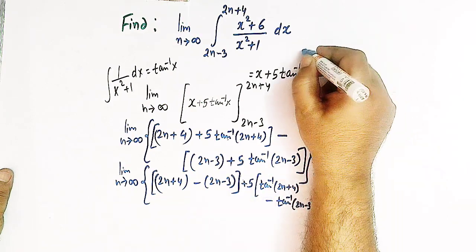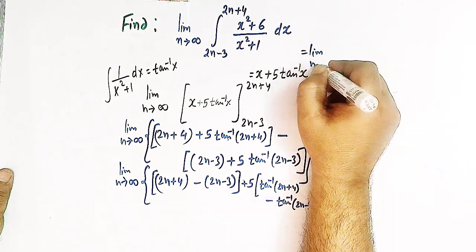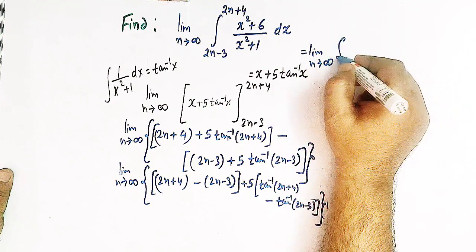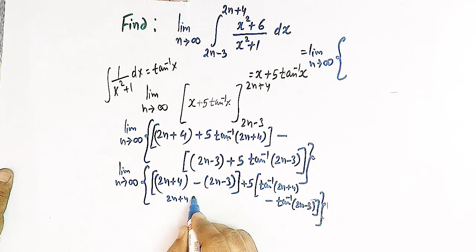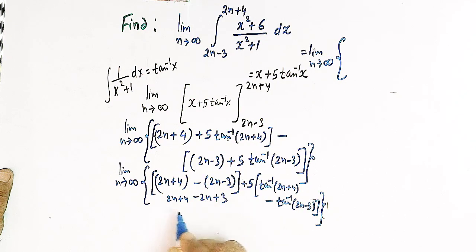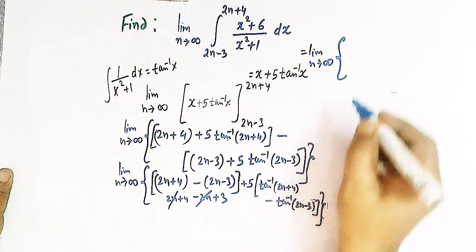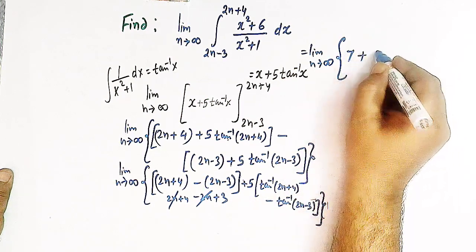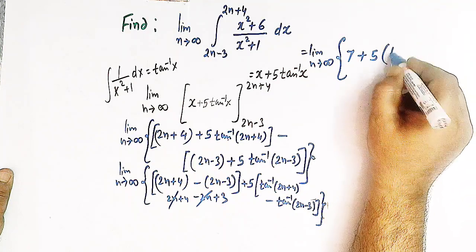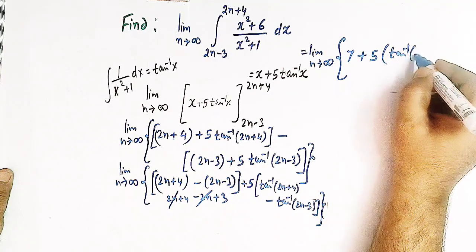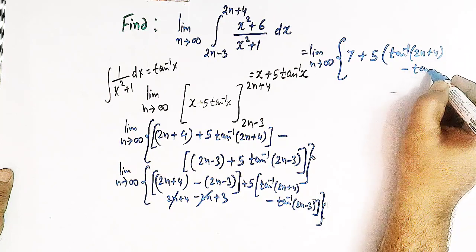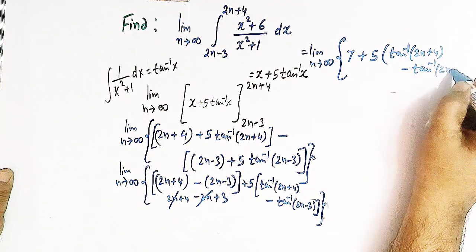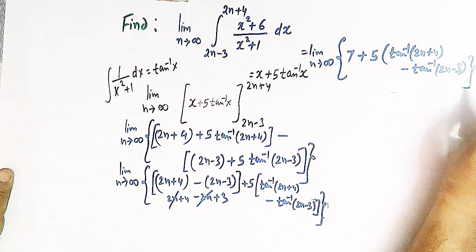So we have 2n plus 4 minus 2n plus 3. The 2n and 2n get cancelled and we are left with 4 plus 3, which is 7, and 5 times tan inverse of 2n plus 4 minus tan inverse of 2n minus 3.